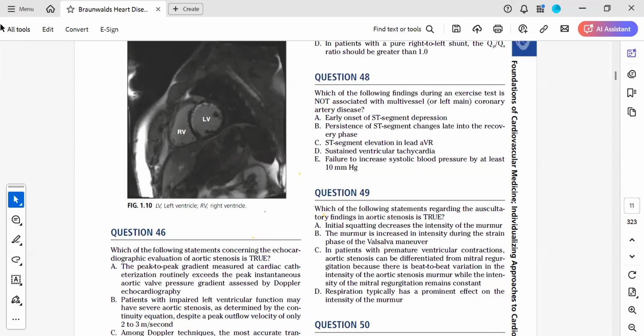You might just see ST elevation in lead aVR. That doesn't mean that this person has significant coronary artery disease, but all the other options seen here are markers of serious or significant multivessel coronary artery disease. So the answer to number 48 is C.